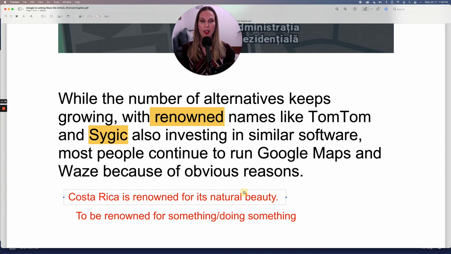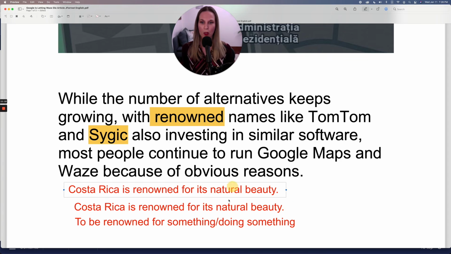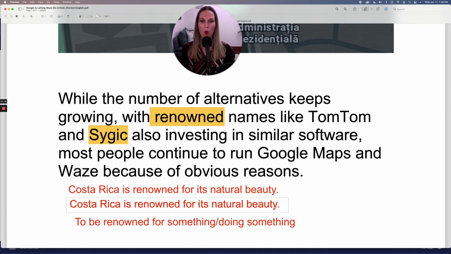So I might say, for example, Costa Rica is renowned for, now I need a gerund verb, renowned for growing coffee. Costa Rica has amazing coffee as well. Here I have a verb and it's in the gerund form.